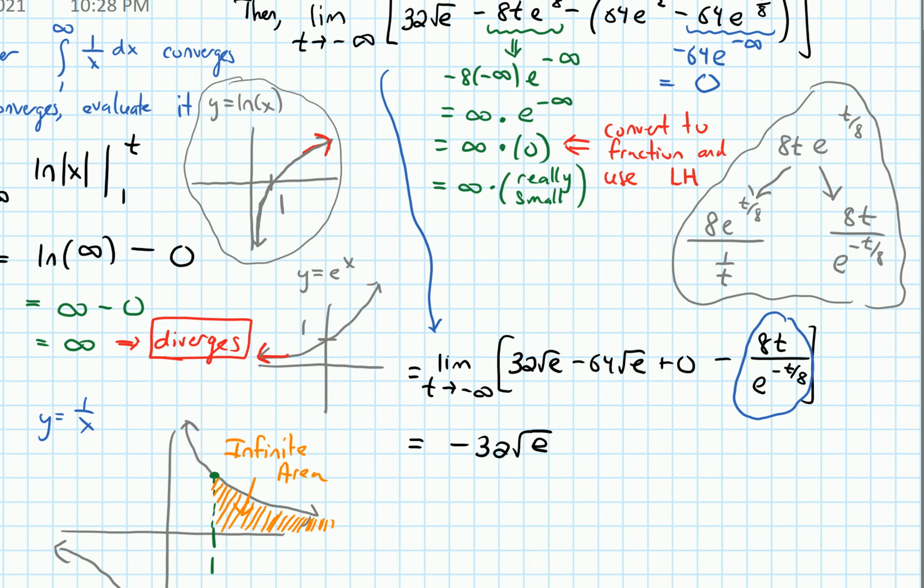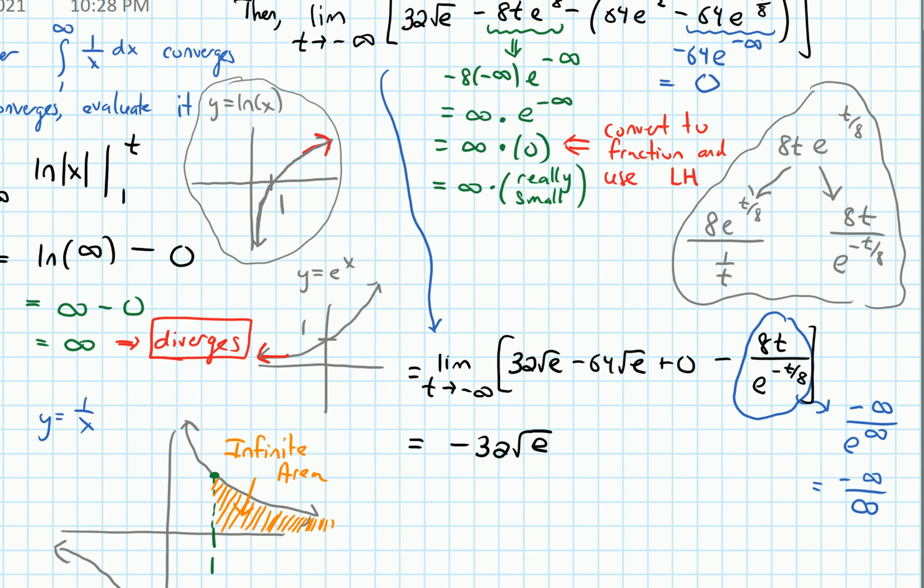If I plug in negative infinity, the numerator is 8 times negative infinity, which is negative infinity. The denominator will become e to the positive infinity, because I'll get a double negative. So this is negative infinity over infinity, which is something I can use L'Hopital's on.